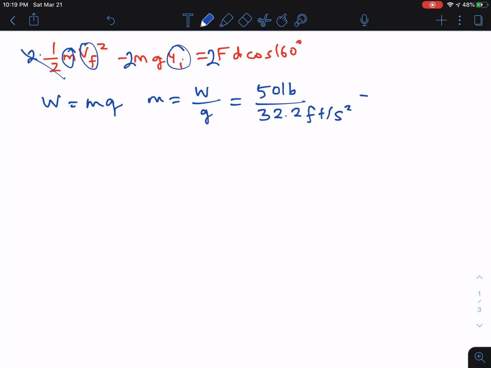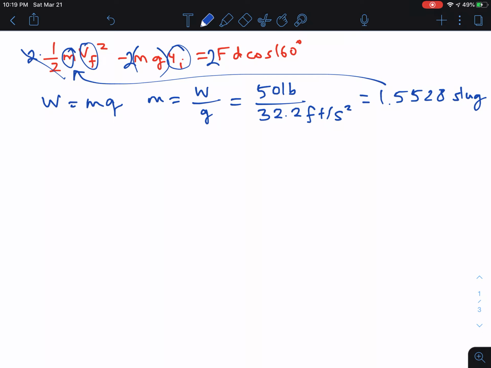And looking at the notes, we are getting 1.5528. Remember the unit? It is slug. Okay, so that's what the mass is. So we got that one, and that's going to go into the mass. This mg, I'm going to write it as the weight force, so I don't need to write the mass in there.